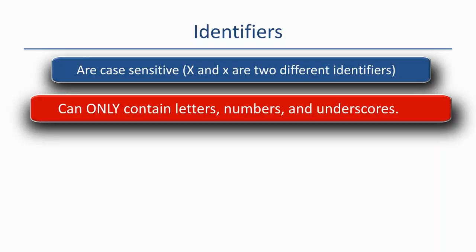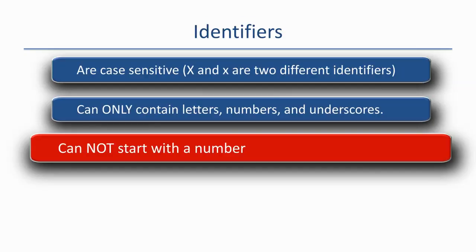Nothing else. For example, inside an identifier name, you cannot use a question mark or a plus sign or a multiplication sign, and so on. Next, identifiers cannot start with a number. So you can call an identifier x1, however you cannot call it 1x.